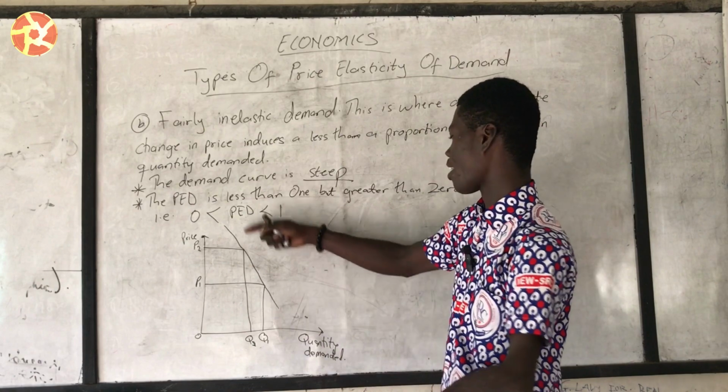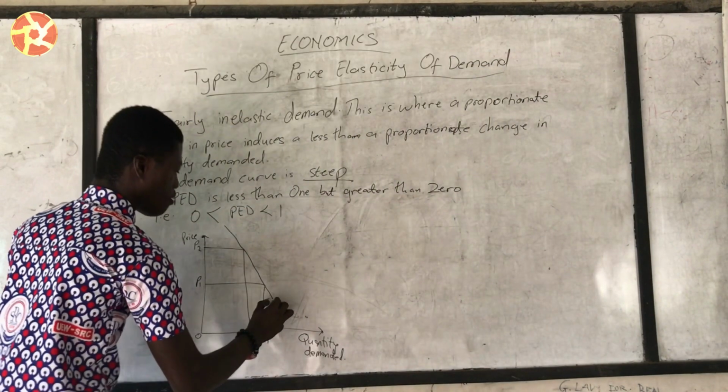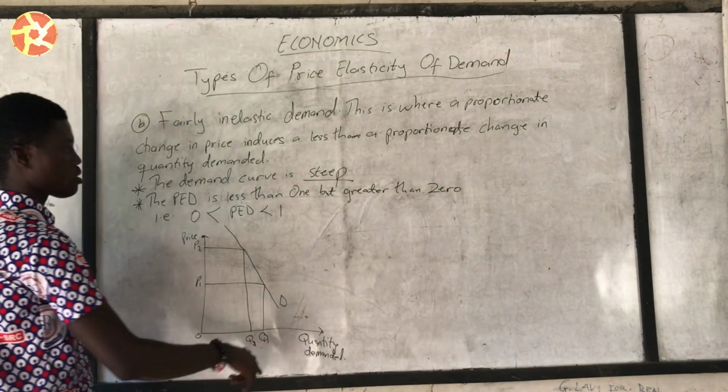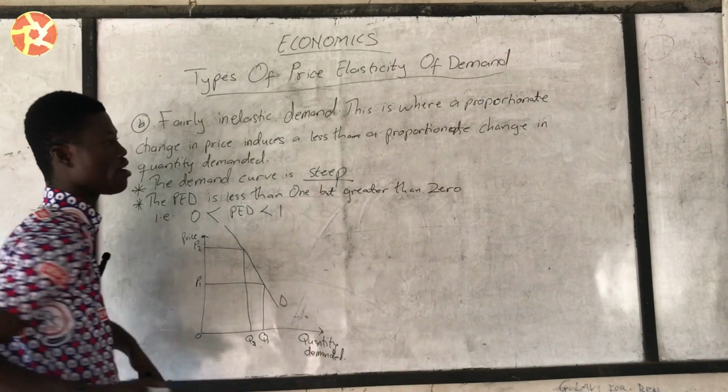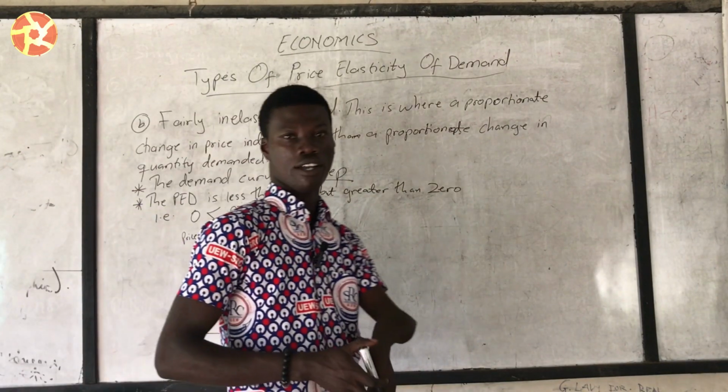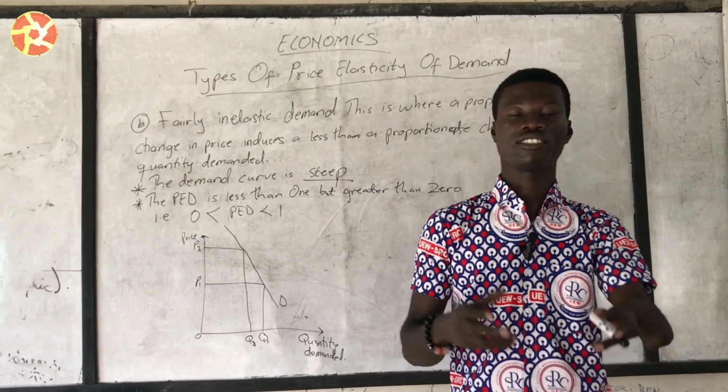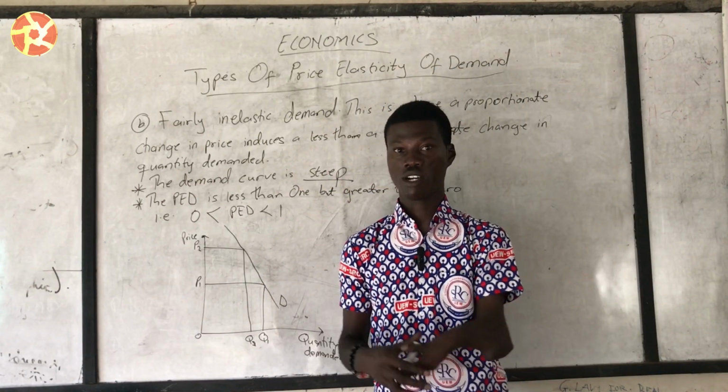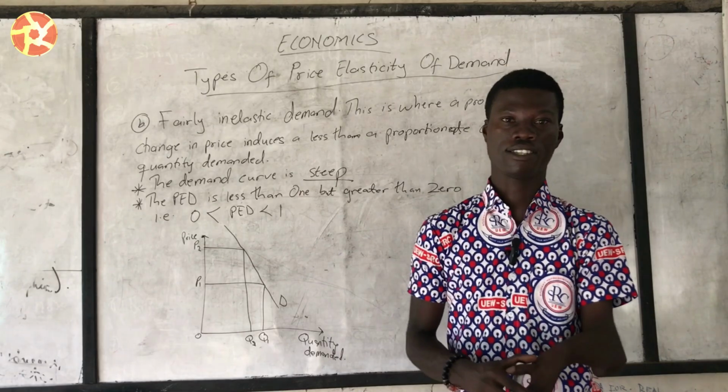And the demand curve is also steep, as stated here. The demand curve is steep. All right, so this is the second type of price elasticity of demand. Let's move to the third.